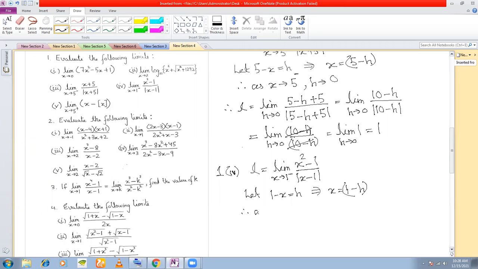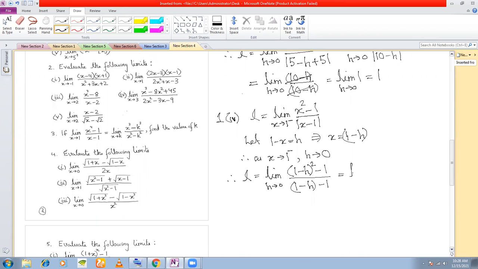Therefore, as x tends to 1 minus, h is very close to 0. Therefore, what does L become? Limit h tends to 0. Instead of x, we put 1 minus h. 1 minus h whole square minus 1 by mod 1 minus h minus 1, right?